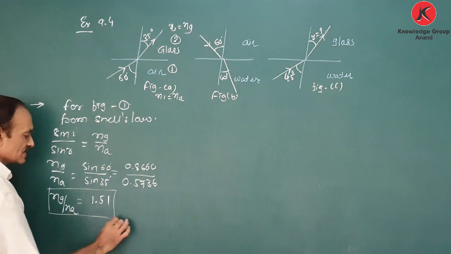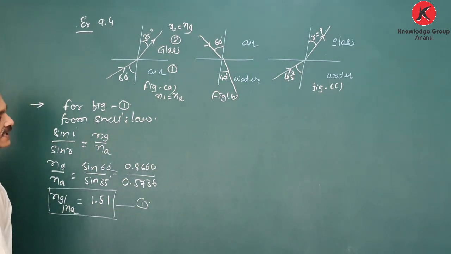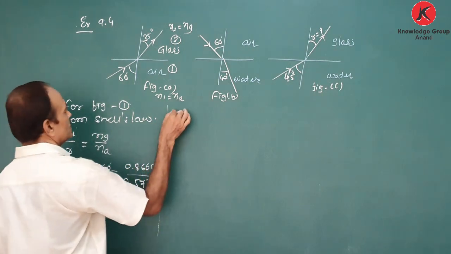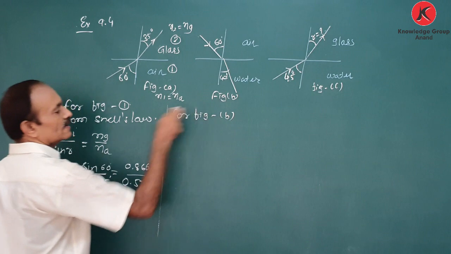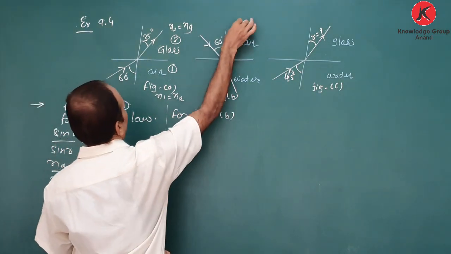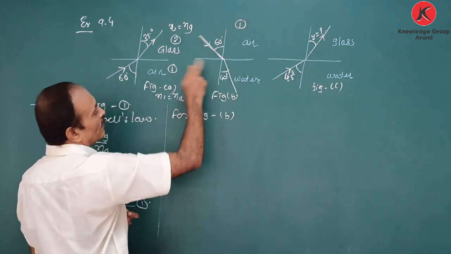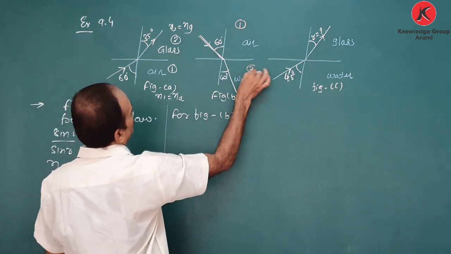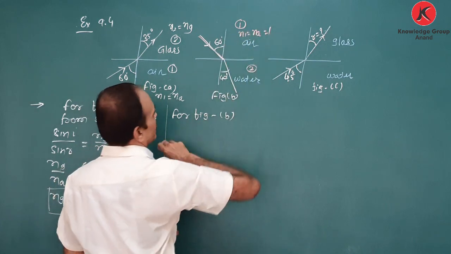This is equation number 1. Now for figure B, again there is a medium 1. The a medium is 1, because the ray is entering from medium 1 and entering medium 2. So here n1 is equal to na is equal to 1.